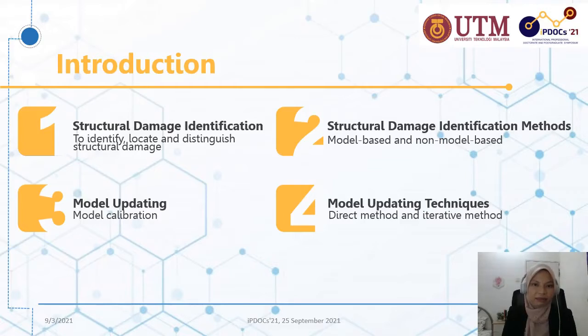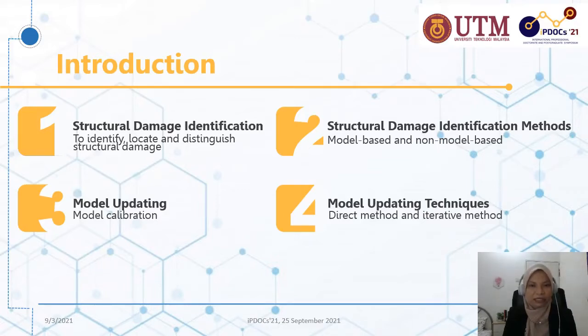The integrated damage identification methods are then divided into model-based and non-model-based methods. Model-based methods use characteristic values related to structural models, including the natural frequency, mode shapes, modal curvature, dynamic flexibility and dynamic stiffness, and the finite element methods to identify the damage.